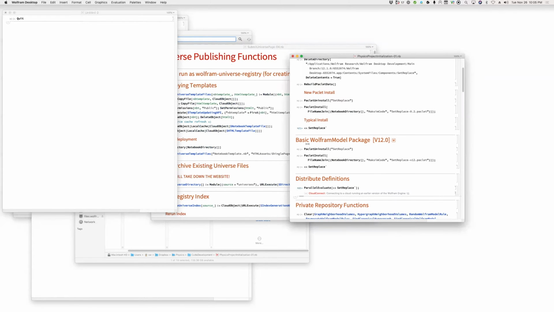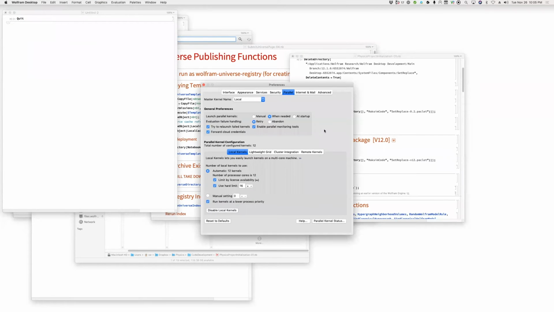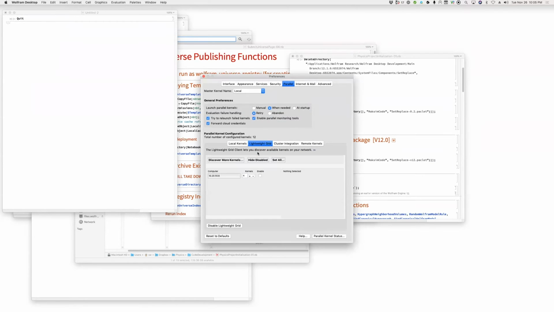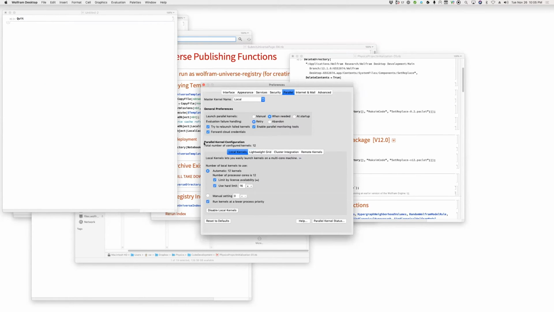Okay. Well, so you should go ahead and do it because it will be super useful to us.